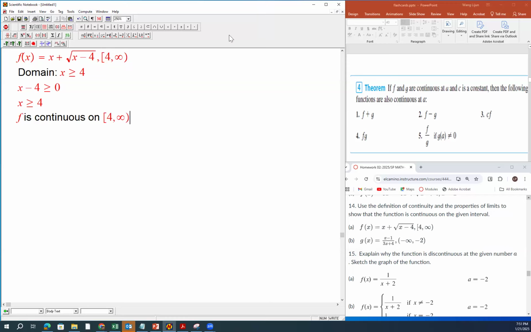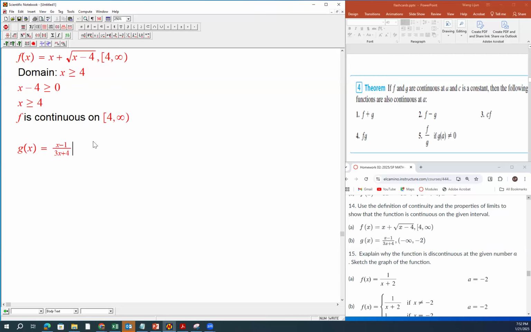Okay, and next one, the G function. This time it is a rational function, x minus 1 over 3x plus 4.